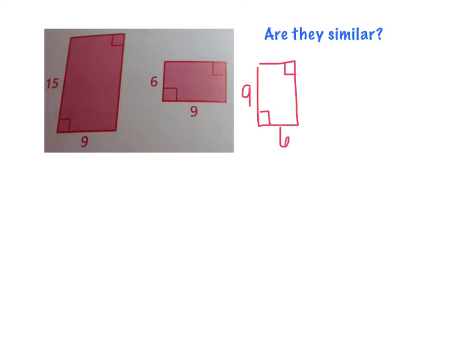So remember in previous slides I talked about setting up ratios. So I see here that this side is 15 and it's corresponding to this side here that's 9. So I'm going to write my ratio 15 over 9. And then this one here is 9 and this one here is 6.